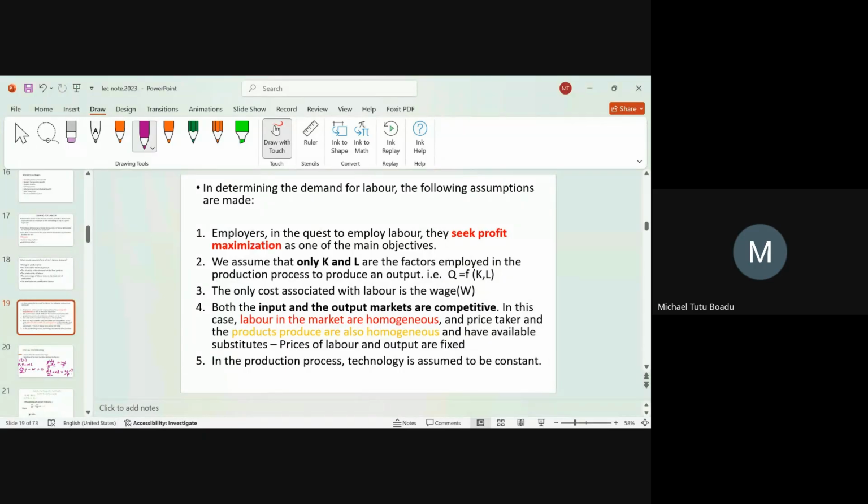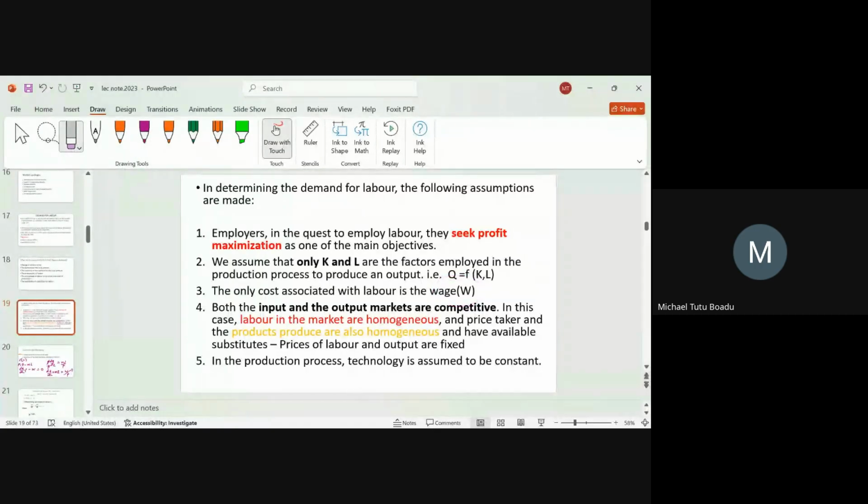Then, thirdly, the only cost associated with labor is wage. So if you want to determine the cost of hiring somebody, it is the wage that you pay the person. You don't pay the person any insurance or those compensation things we talk about. We are assuming those ones don't apply. The only cost that you incur on labor is the wage you pay the person.